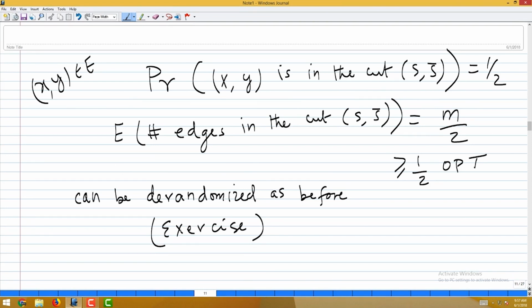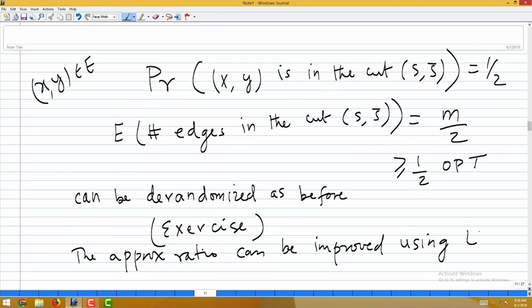Okay, so here are a couple of maximization problems, max sat, max cut. Again, here also the ratio can be improved using linear programming techniques.